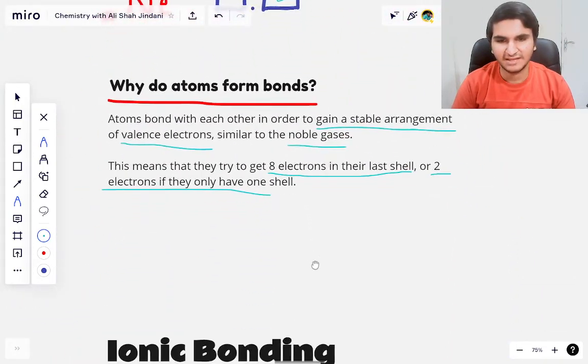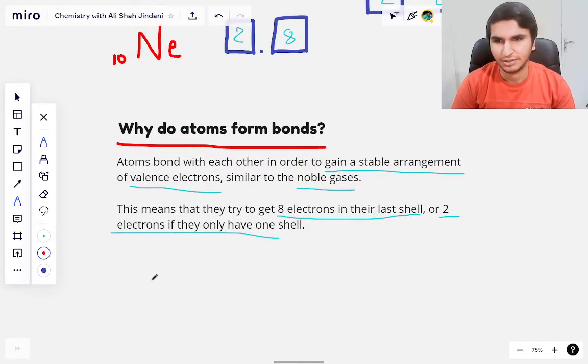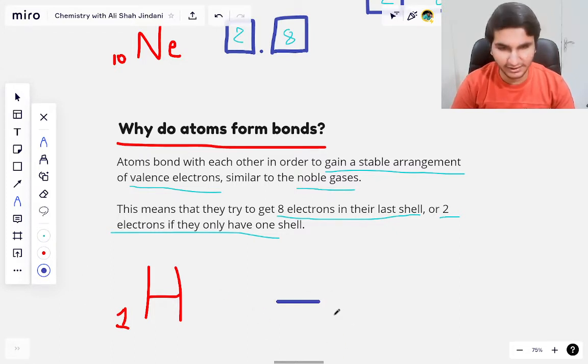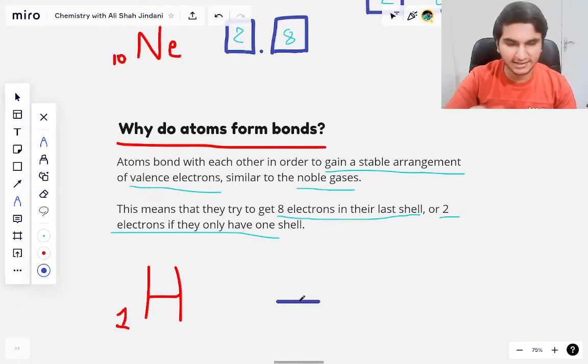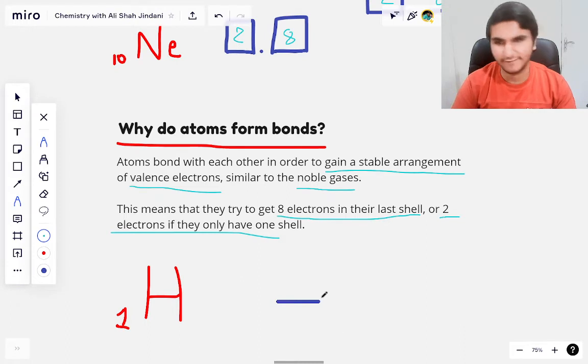Now let me give you an example. So if we talk about hydrogen, right? Hydrogen has 1 proton number, which means it has 1 electron, right? And if you look at the period, it is the first period. And if you don't know what we are doing with these blanks and all, it is covered in the last video. Once again, you should go ahead and watch it.